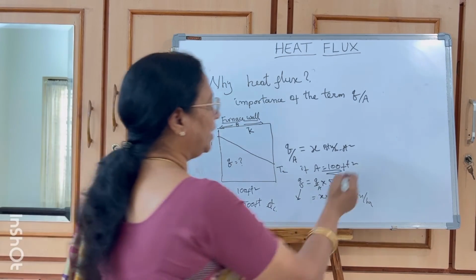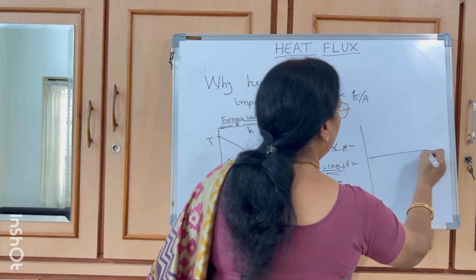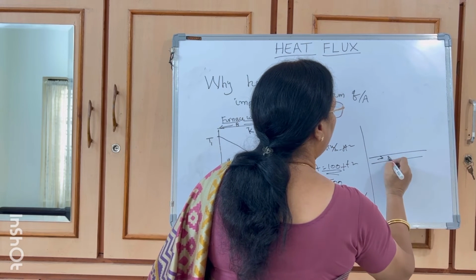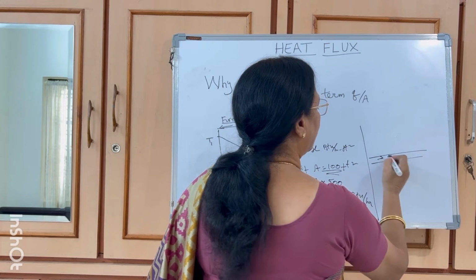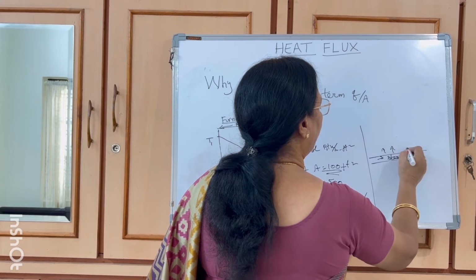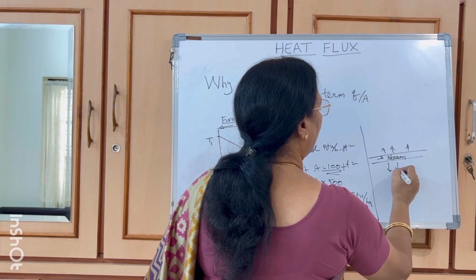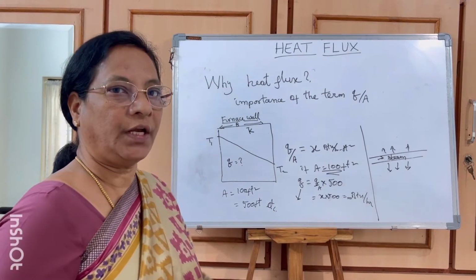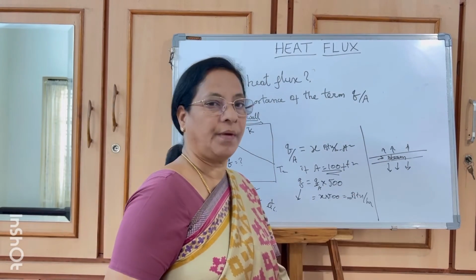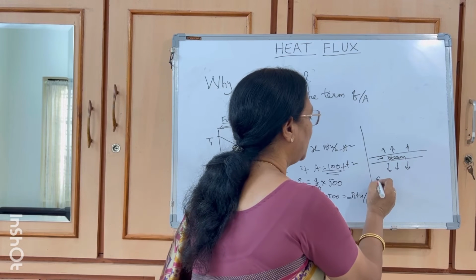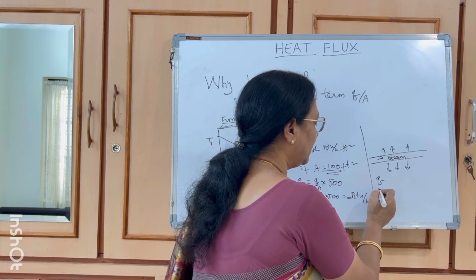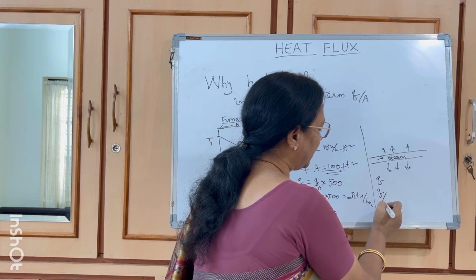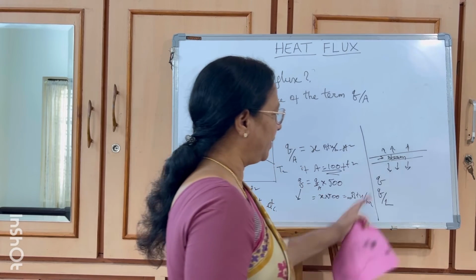In the same way, see a steam pipe. If you consider heat loss from a steam pipe, the amount of heat lost from this steam pipe is what we calculate as Q. But it is convenient to represent it by Q by L, per unit length.